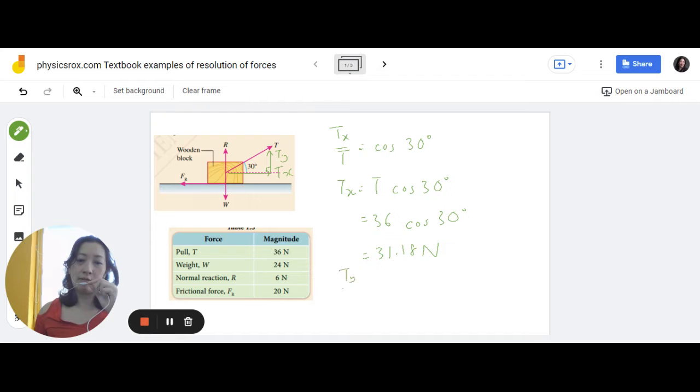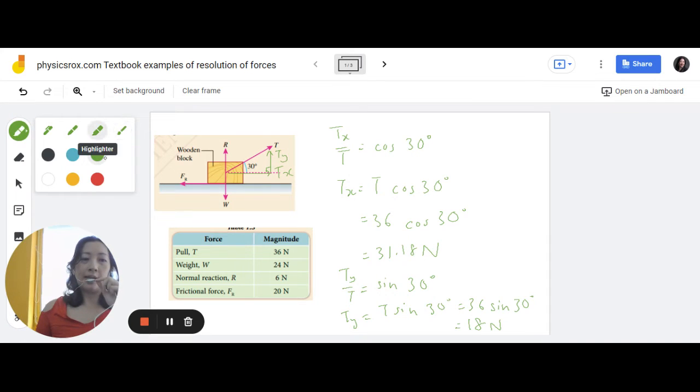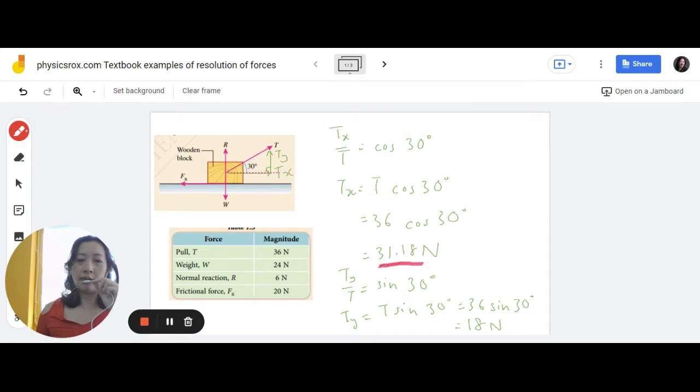So if we have Ty over T, opposite over hypotenuse is sine. So Ty is T sine 30. Substituting, I'll just put it here because no more space, 36 sine 30 half, that's how you get 18 Newton. So this is how we solve the horizontal and vertical components.